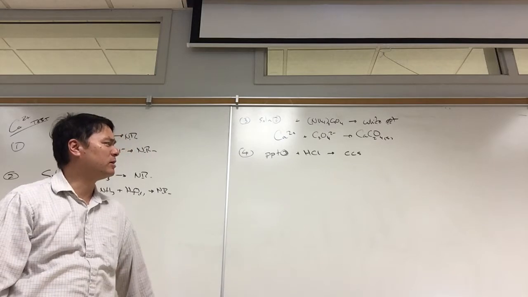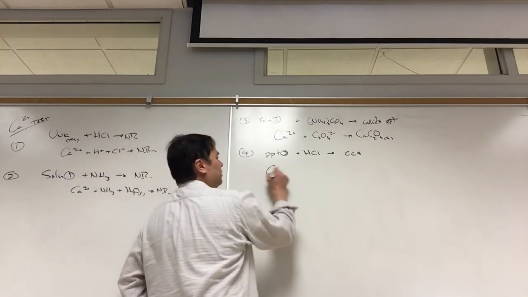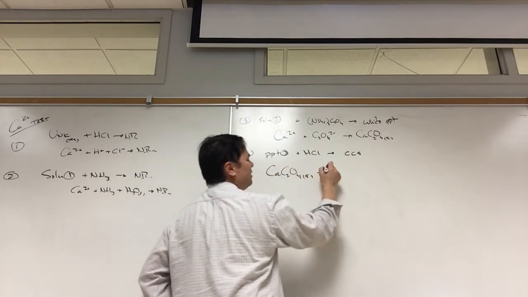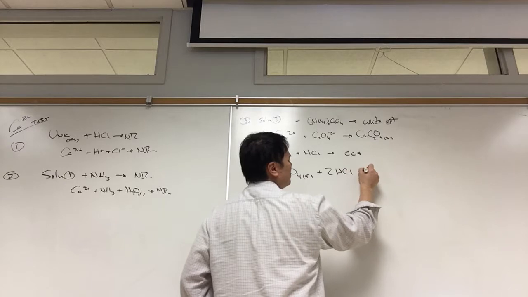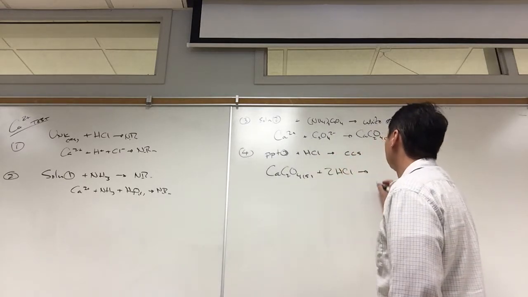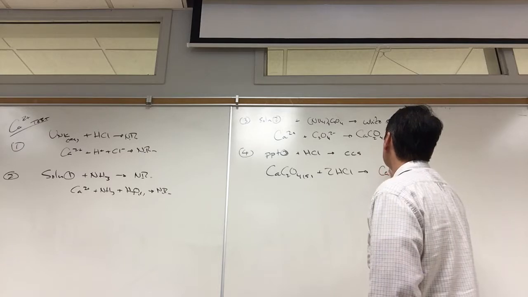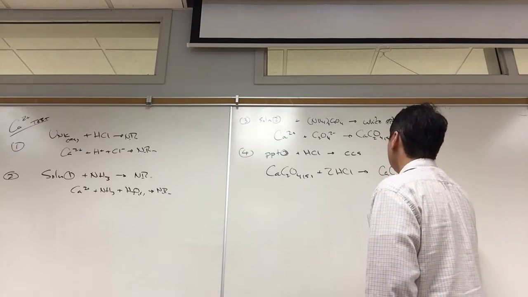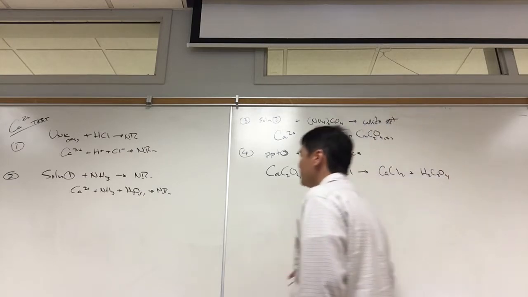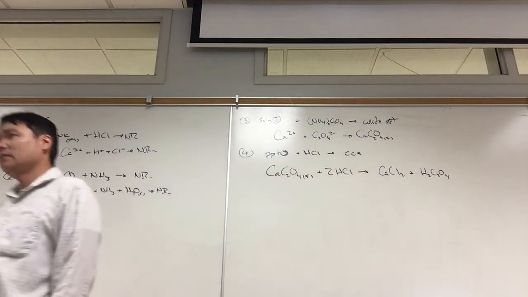Calciums are colorless, chlorides are colorless, oxalates are colorless. The reaction here is a metathesis or an acid-base. Calcium oxalate plus 2 HCl yields calcium chloride plus oxalic acid. The driving force would be stronger to weaker acid.